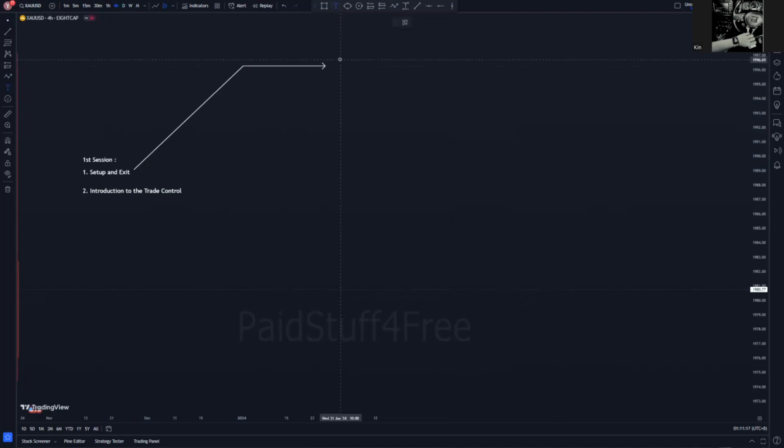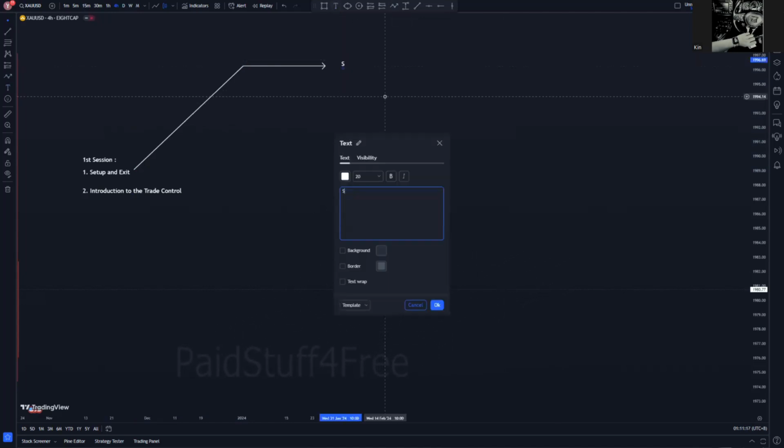My indicator is just my setup and the exit itself. The setup is going to be a level or a zone for me to take a buy or to take a sell. And how about the exit? The exit is going to be my zone, or we can call it my level, for me to exit my position, whether it's for buy or for sell.